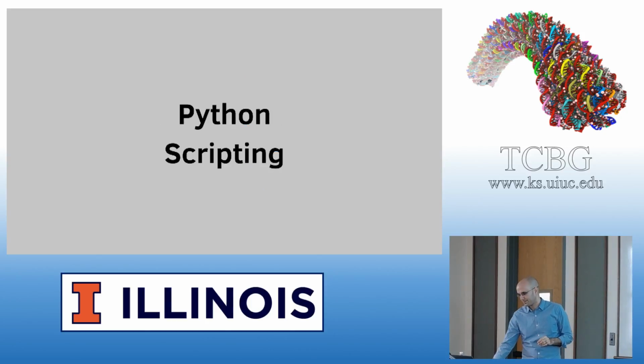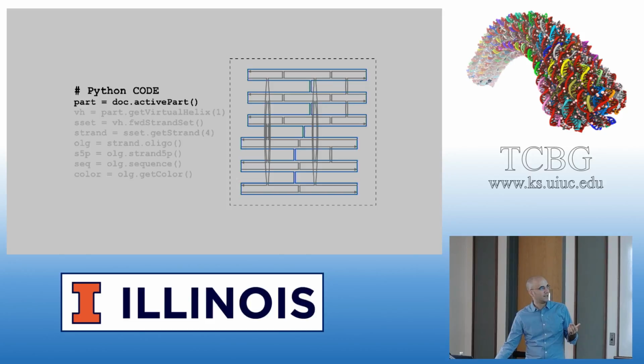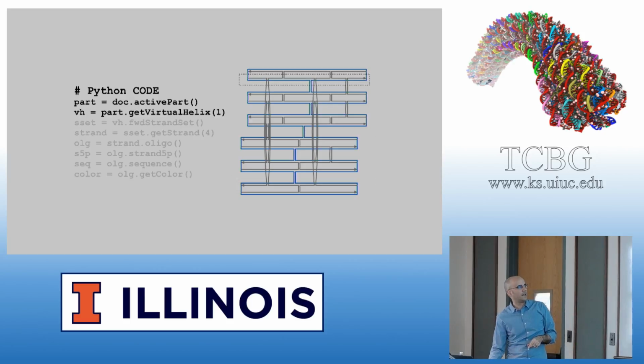And so when we start doing Python scripting, what we can do is import the Cadnano module, read in a file, and then ask the document for an active part, and then we can get a virtual helix, and then get the strand set from there. The forward strand set is basically going left to right, or in the positive z direction.